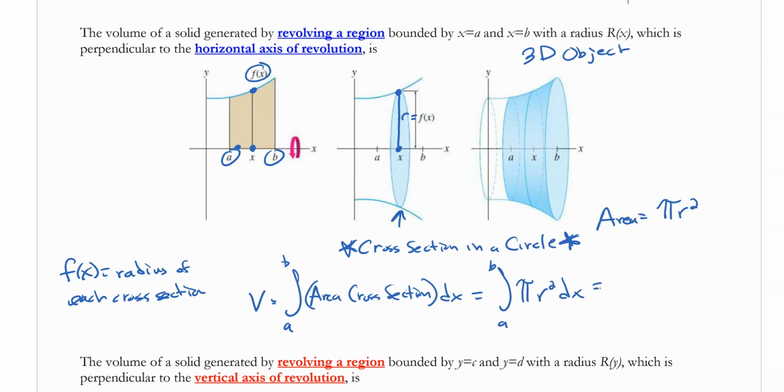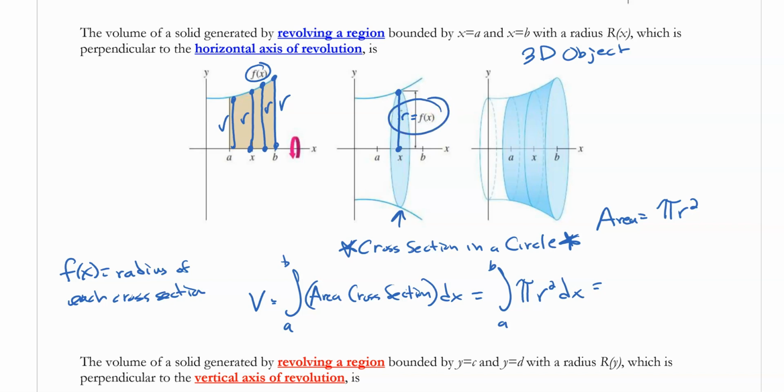But in this case, what's r? Now, r is not constant. Depending on where I end up, right now this is r from here to here, because if I spun that around, it would create this circle. But over here r is different, and right here r is different. My r is constantly changing, so my r is based on the function itself. Remember how I said r equals f of x? That's why.